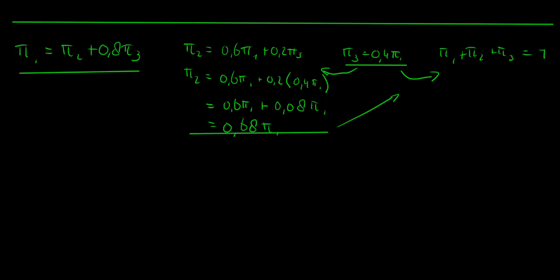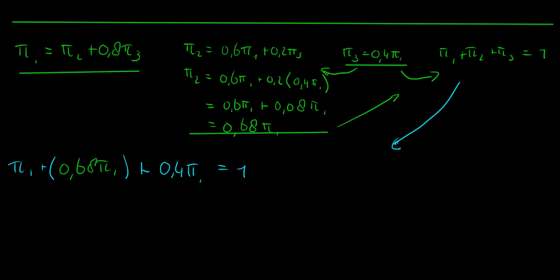So let's do that now. If we write down everything in our third equation, we get, let's write down over here, there's more room, pi 1 plus, now we replace it with what pi 2 was, which in our case is 0.68 pi 1, plus pi 3, and pi 3 we already knew was 0.4 pi 1, and this is equal to 1.